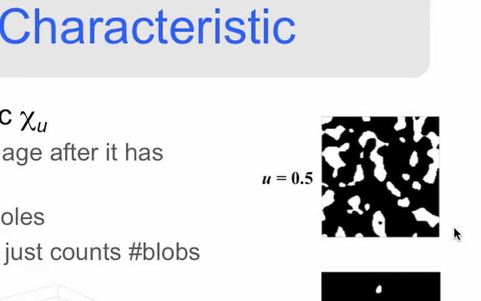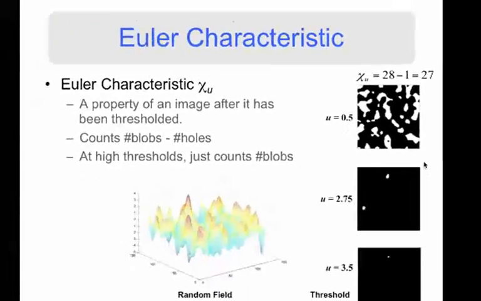The Euler characteristic is a property of this thresholded image. It's telling us how many blobs, how many coherent regions, there are, minus how many holes there are. If we count, the Euler characteristic here is 27, because there are 28 of these blobs, and there's 1 hole. You see here there's a hole in this blob. So that would give us an Euler characteristic of 27.